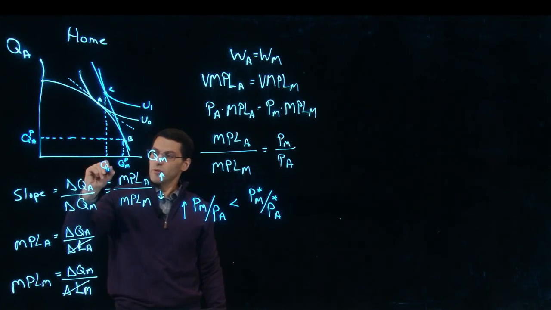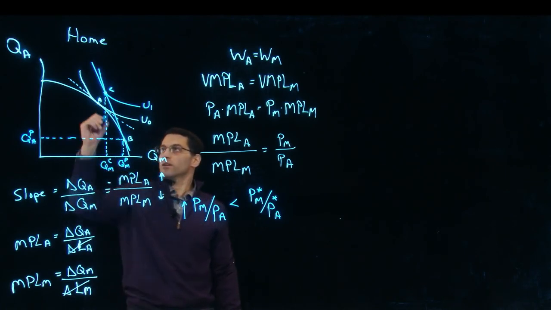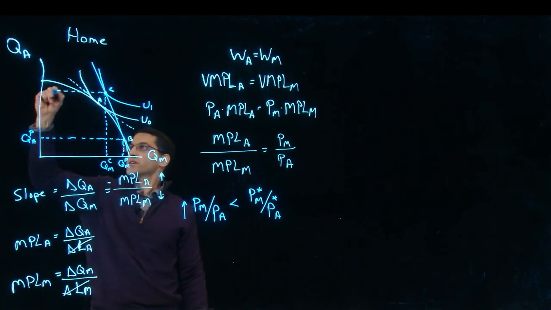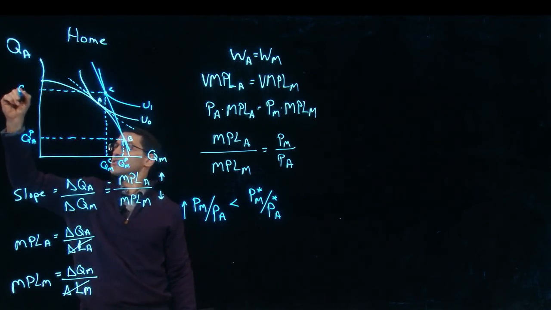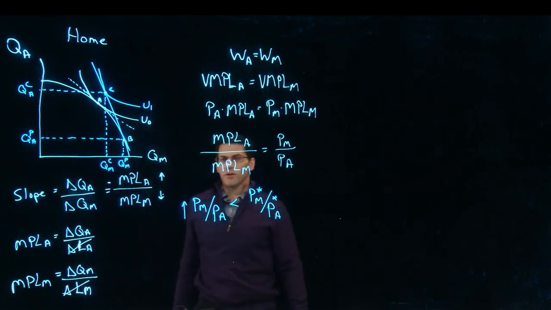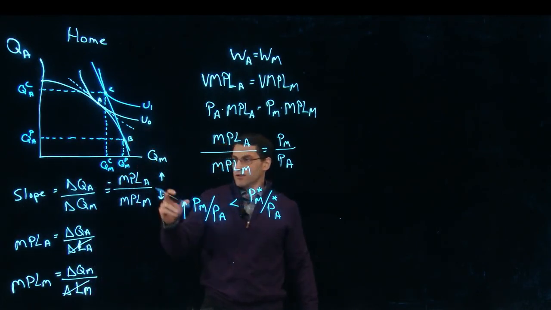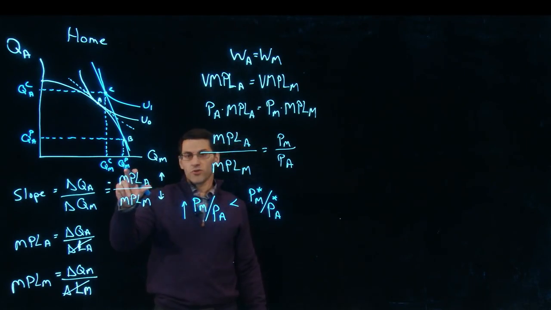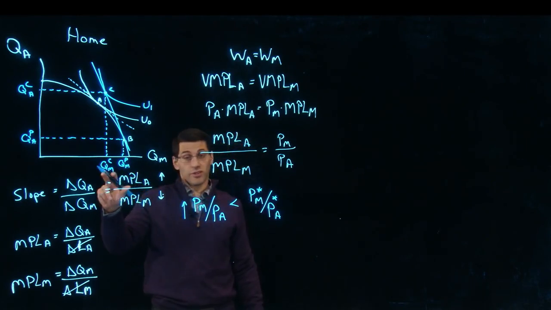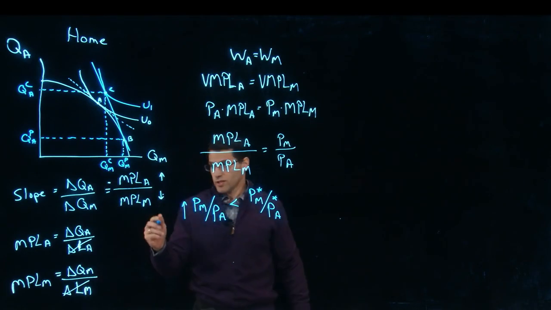So they end up consuming here, and consuming agricultural goods up here. Well, what should you notice here? One thing that should stand out, of course, is that the home country is producing more manufactured goods than it's consuming. So what is that difference?